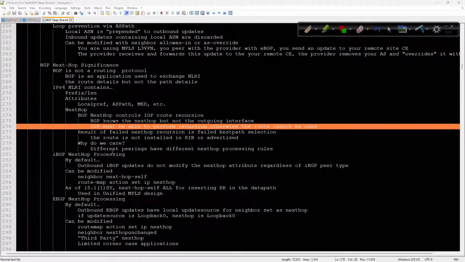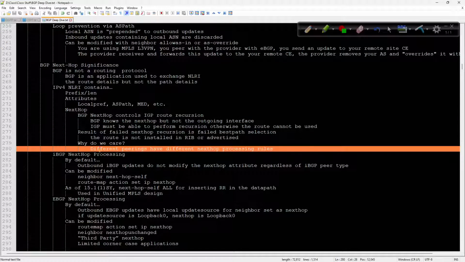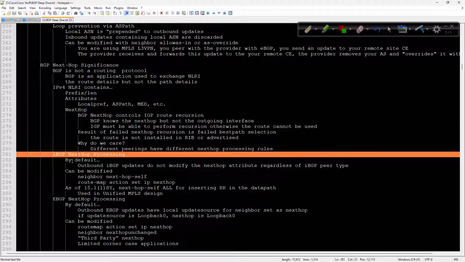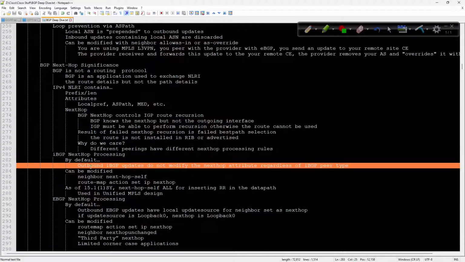So the first way: different peerings have different next hop processing rules. For IBGP, by default, outbound IBGP updates do not modify the next hop attribute regardless of the IBGP peer type.